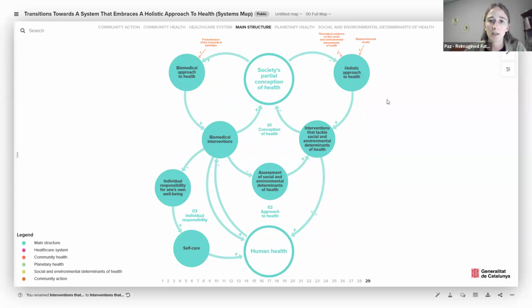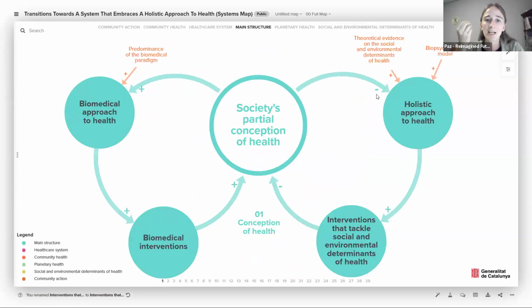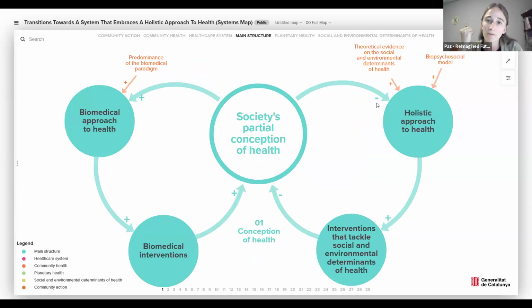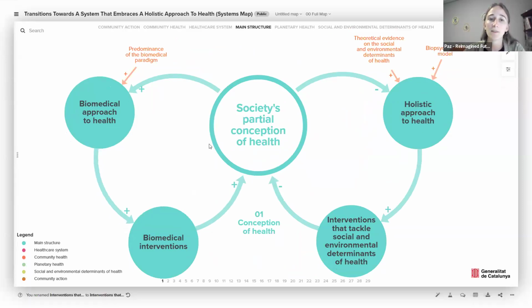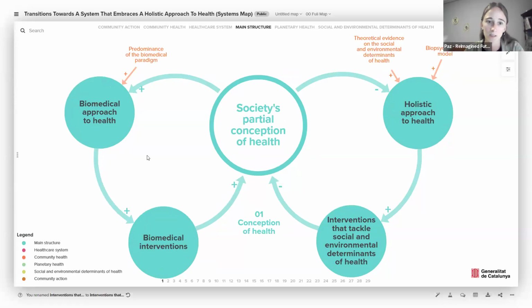The first dynamic, the first loop, explains how society's narrow and fragmented view of health fosters the development and the dominance of a biomedical approach, which is mainly characterized by reductionist and reactive responses whenever the health issues are already manifested.